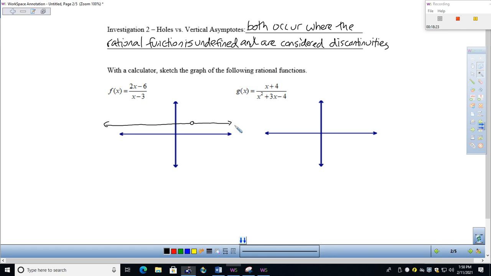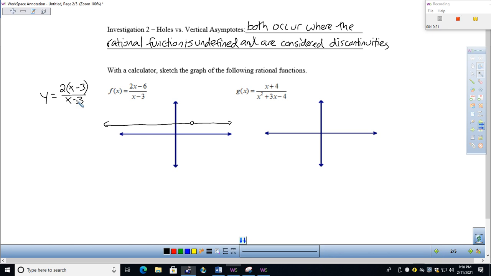So now the question is, why did we get a hole there when x is 3 rather than a vertical asymptote? I didn't ask you to do this, but let's go ahead and do it now. If I asked you to factor the numerator, you would take out the 2 and notice what you get. You get the same factor that produced the discontinuity.